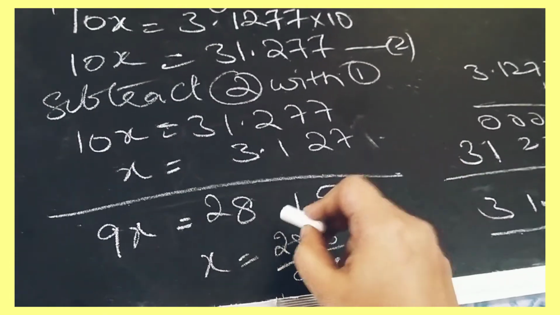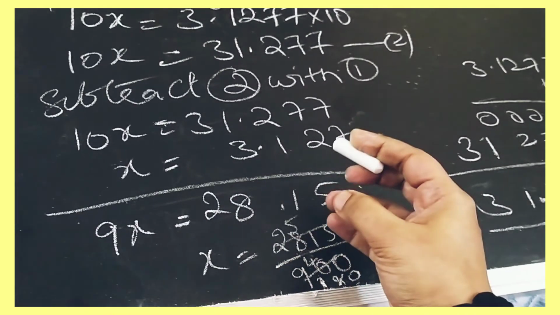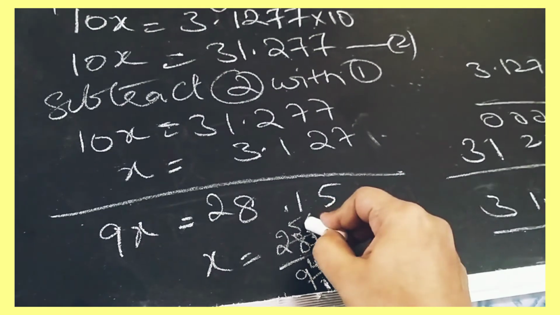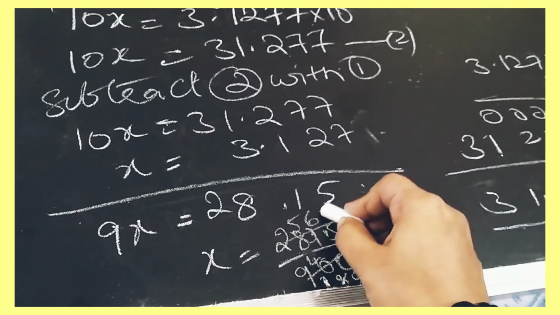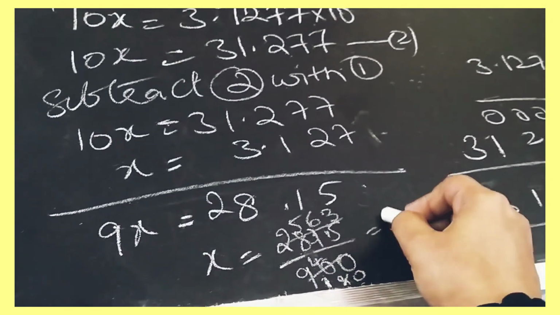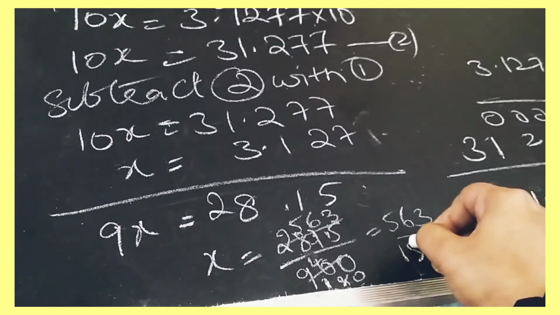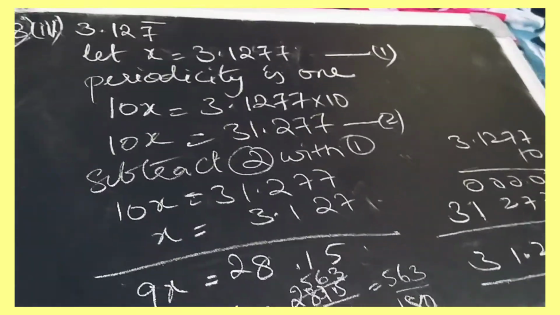Again I am taking 5, 5 as a 25. 25, 26, 27, 28, it is 3. 31 means 5 6s are 30, 1 left here. So it is 5 3s are 15. So the answer is here 563 by 180. This is the p by q form of this decimal.